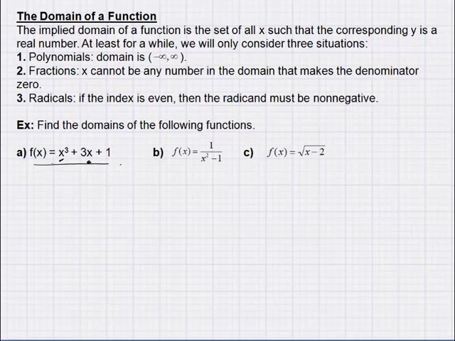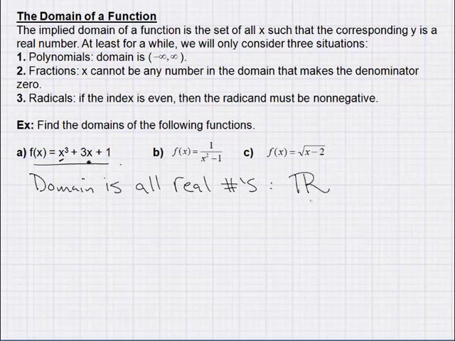Now there's different ways I can write that. I could say the domain is all real numbers. A symbol for all real numbers is this. That's the symbol that states all real numbers. I could write it in interval notation. I could say that the domain is negative infinity to positive infinity. I could use set builder notation.